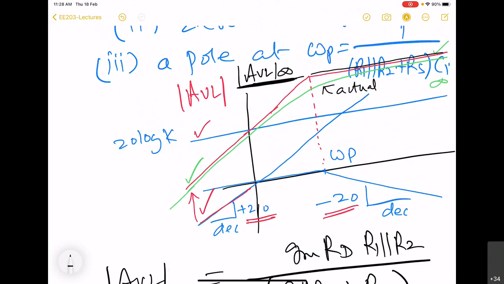So now we have a low frequency response of common source amplifier, and we have high frequency response. So one can ask that what will be the combined response. That means if we try to plot an approximate curve from very low frequency to very high frequency.